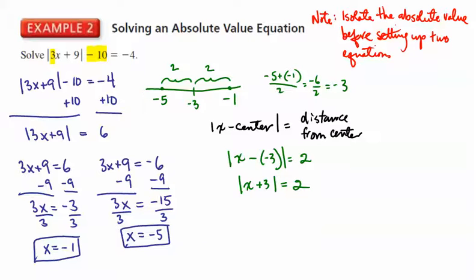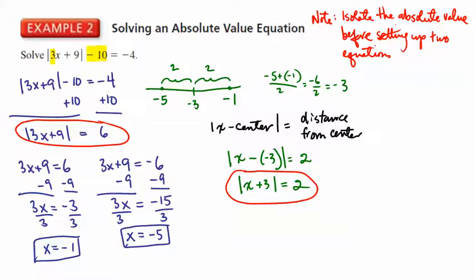Now you might look at our final equation and where we started from, and see that they are different, yet they are equivalent. If we were to divide every term in the initial equation by 3, 3x divided by 3 would be x, 9 divided by 3 would be 3, 6 divided by 3 would be 2, and you would come up with an equivalent and much simpler equation: the absolute value of x plus 3 is equal to 2.